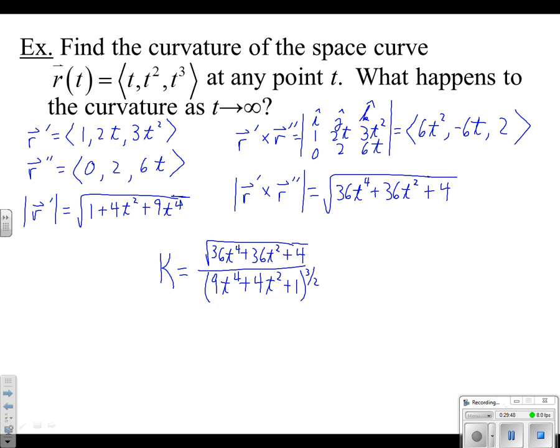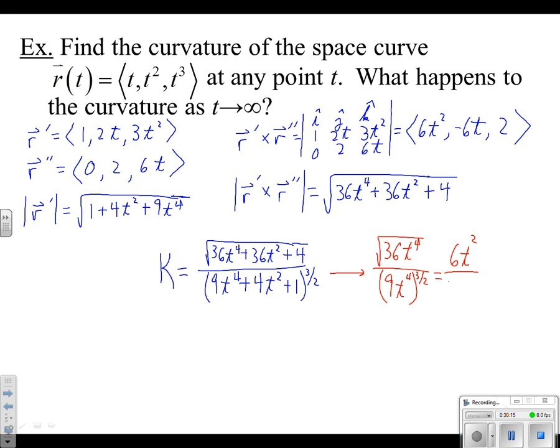So it's worth mentioning that as t goes to infinity, this would approach the square root of 36t to the fourth on top. The bottom would be 9t to the fourth to the 3/2 power. So the top would be 6t squared. Basically, I'm just looking at the biggest power of t on the top and the bottom and asking what happens.